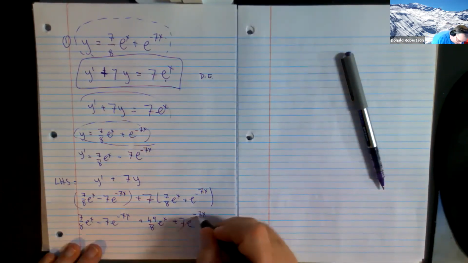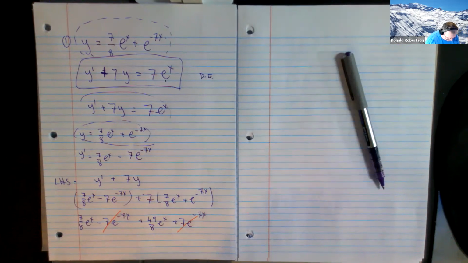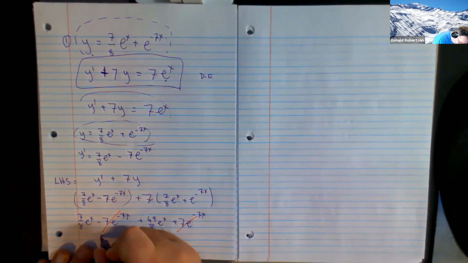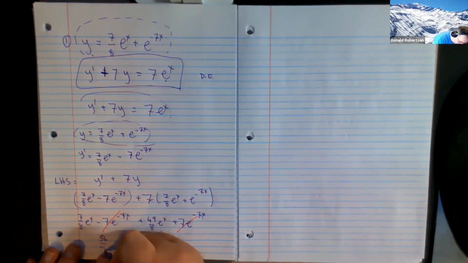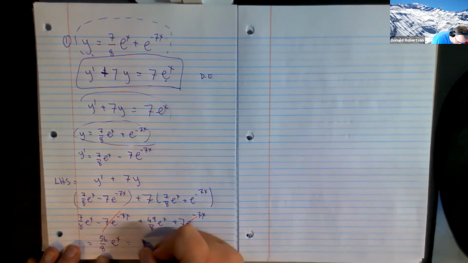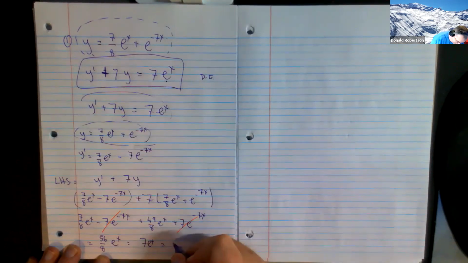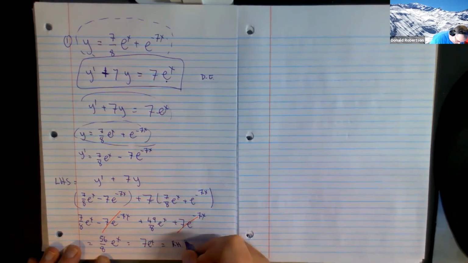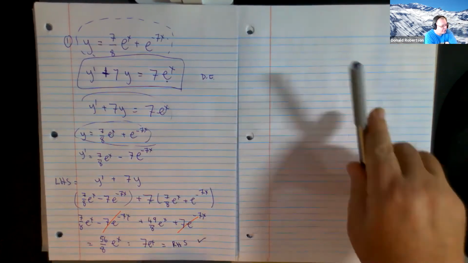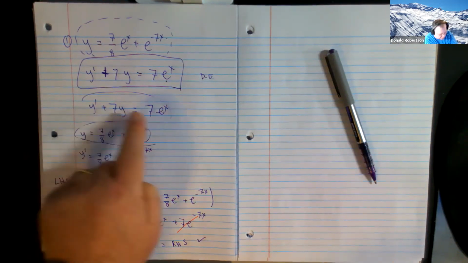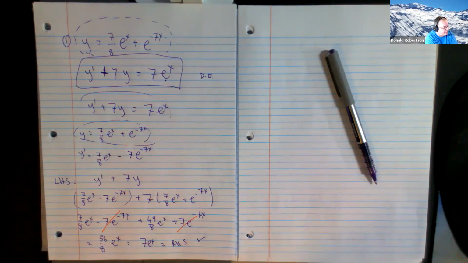Well, that guy cancels out with this fella. If you add this guy to this guy, you get 56/8 e to the x. But wait a minute, isn't that just 7? And good news. Check. It works. So the left-hand side equals 7e to the x, the right-hand side.